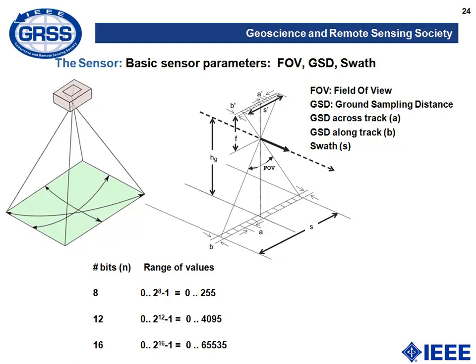Given an altitude and a certain field of view of the sensor, we obtain a fixed swath or footprint on the Earth's surface. According to the sensor detector, which is responsible for transforming the radiative values into a signal, we have a different ground sample distance, or broadly speaking, a spatial resolution.